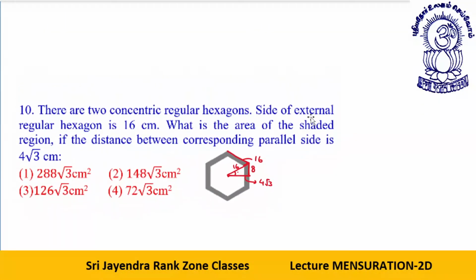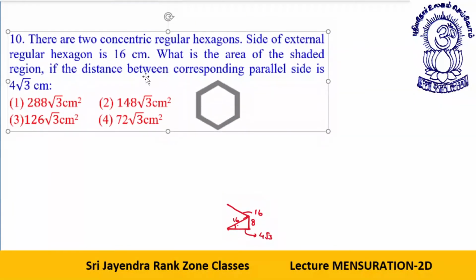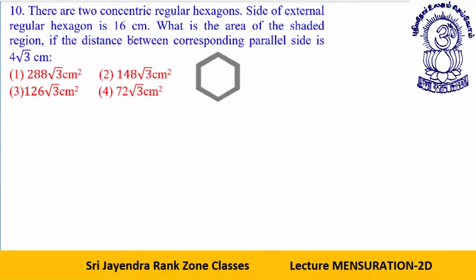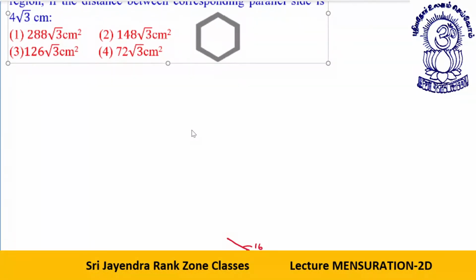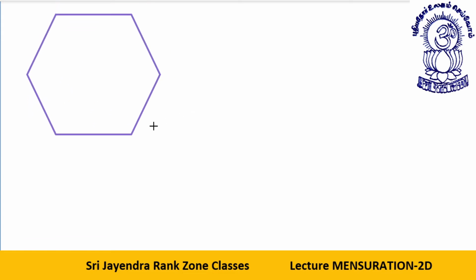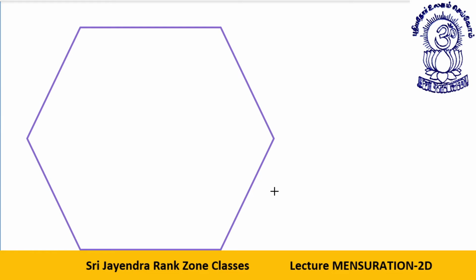Let me take this portion above so that I get some space on the screen. This is the question. I take two large regular hexagons to explain the things. First, I take a hexagon. This is hexagon number 1.